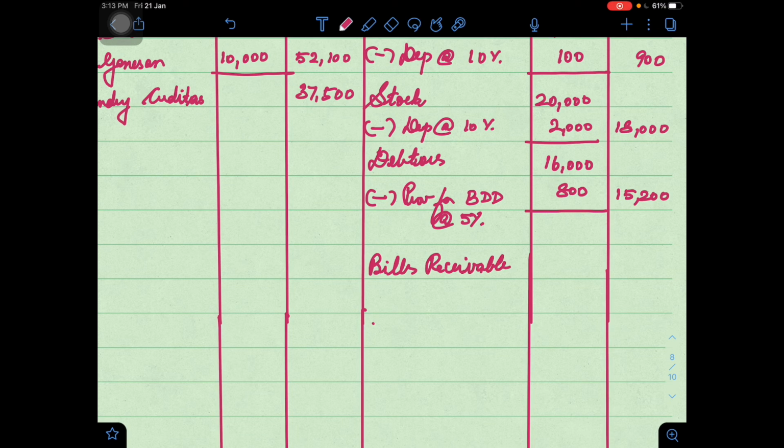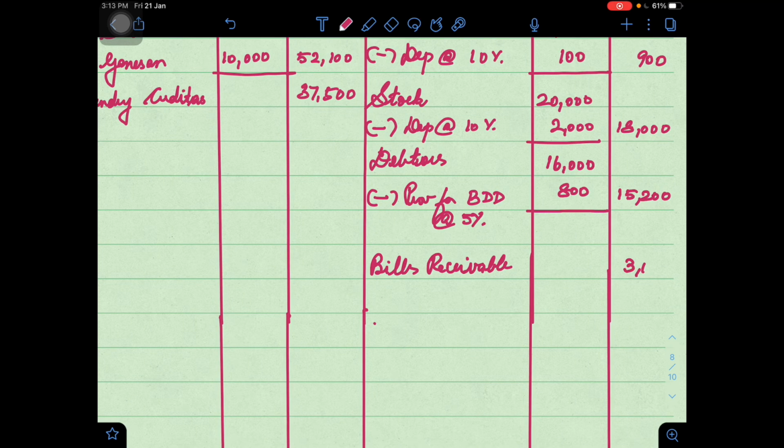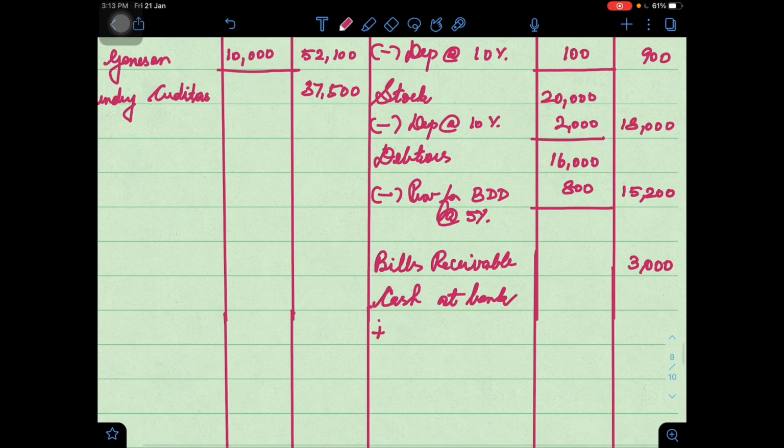And there is also bills receivable, which you can write directly. The problem says it is 3,000, and then you have cash at bank. Usually in cash at bank we will add what the new partner has brought in, which is nothing but Ganeshan's capital. Cash at bank value stood at 12,500.